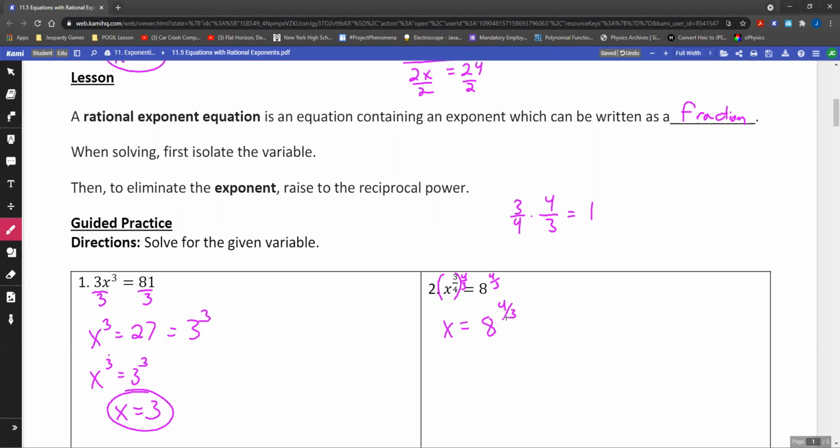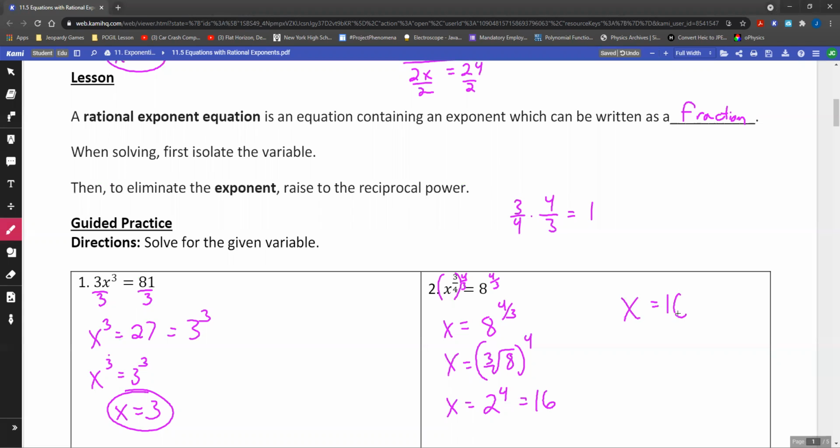And then from here, I can work on this. So for example, the cube root of 8 can be rewritten like this. The cube root of 8 is actually 2, raised to the 4th power. This is going to give us 16.